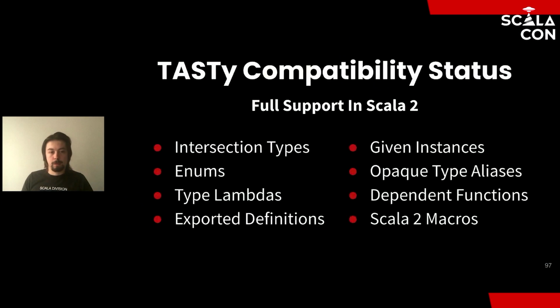For example, we do have full support for intersection types, enums, the new type lambdas, exported definitions, the new given instance syntax, contextual abstractions. You can read and use opaque type aliases with correct semantics. And also, you can call a Scala 2 macro that is stored in tasty.